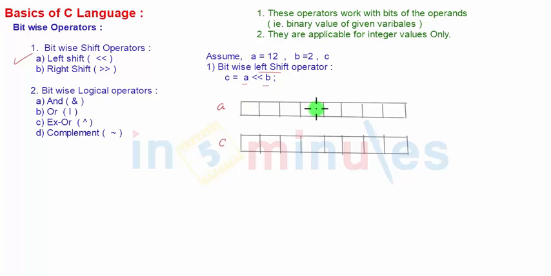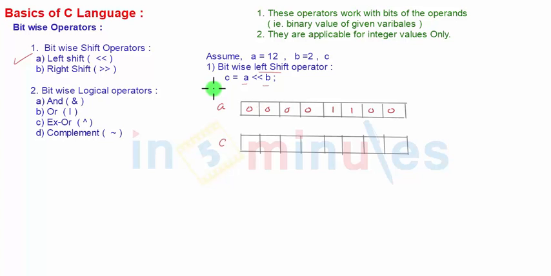Now let's draw the bit pattern of A, assuming it is an 8-bit variable. Since A is 12, it will be 1100, and the left side bits will be all zeros. When you shift the bits of A to the left by 2 positions, the resultant value will be stored into C. A will be unaffected, so A will remain as it is.